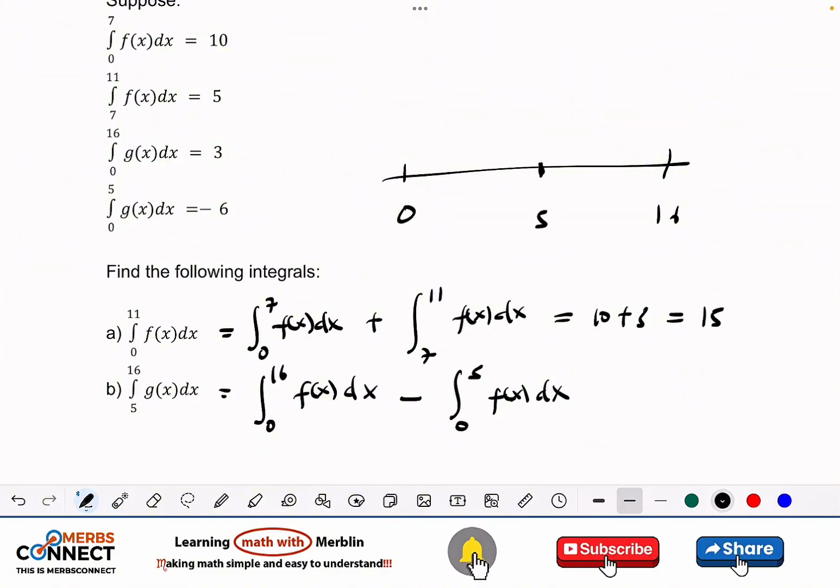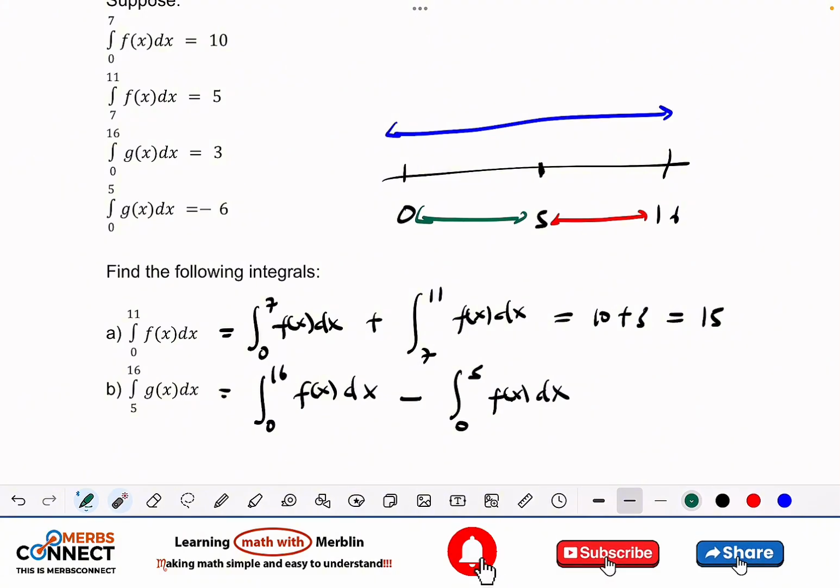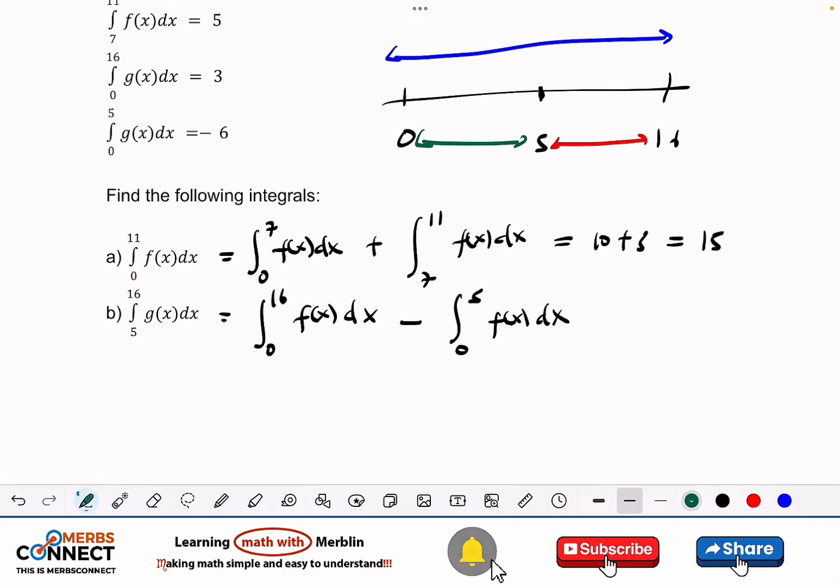If I pick from 0 to 16 and I just need 5 to 16, then I need to subtract 0 to 5 from the 0 to 16 so that I can get what is here. Now what is from 0 to 16 is 3, minus, this is 6, minus 6. So this will be 3 plus 6, and this is going to give us 9.